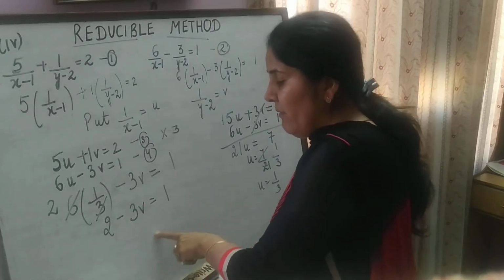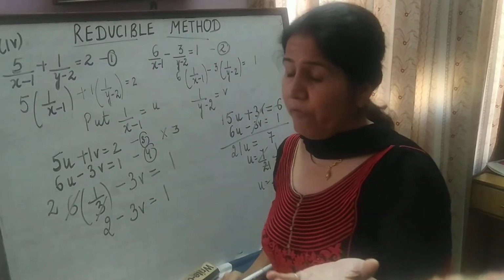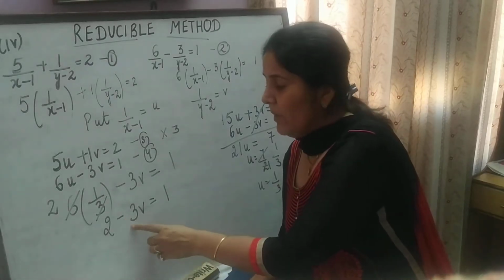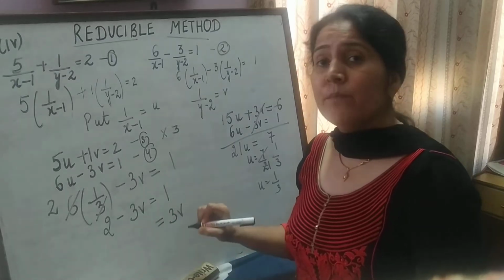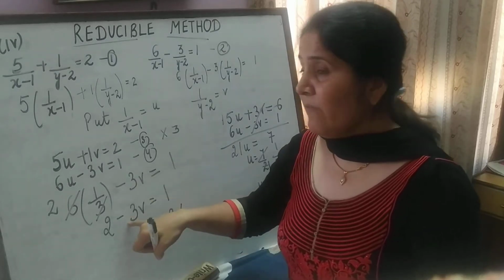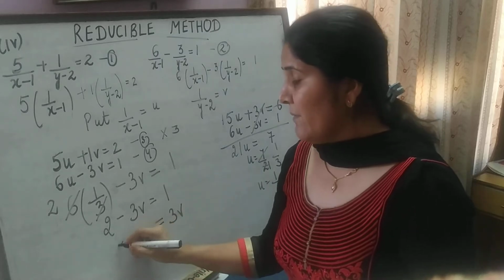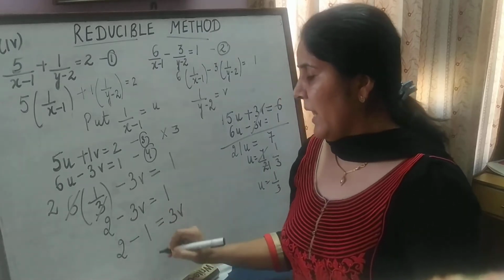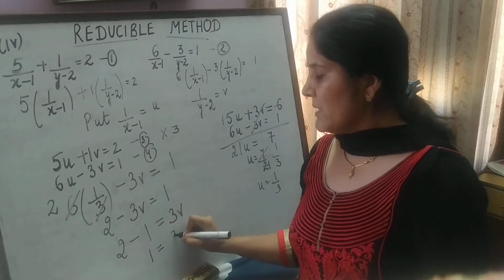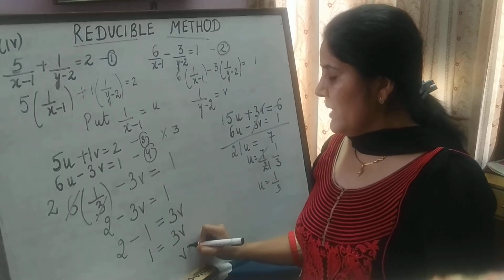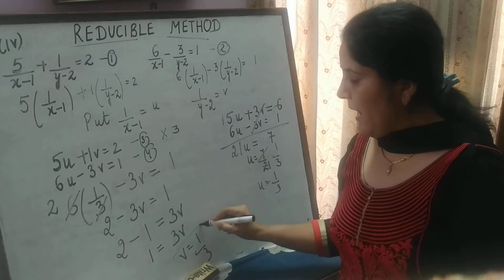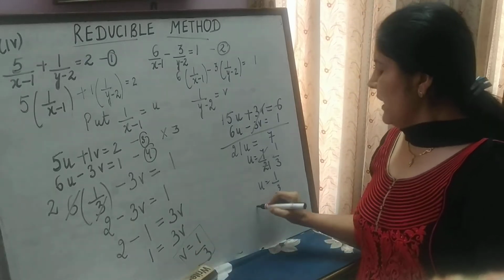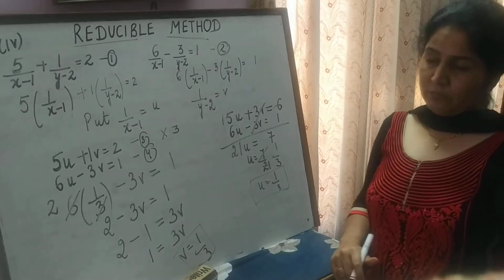Since it is minus 3v, to find the value of v, when minus 3v comes to this side, the sign will change and it will become positive. When 1 comes to this side, the sign will again change and it will become negative. 2 minus 1 is equal to 3v. v is equal to 1 upon 3. As you can see, I have found out the values of v and u.